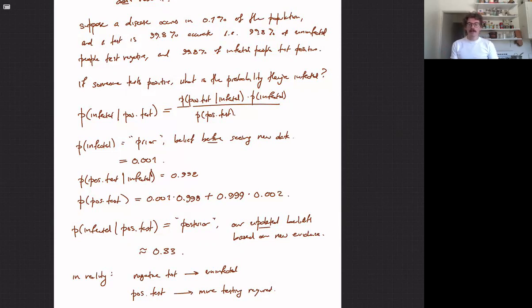Maybe they're from a place that has had an outbreak of this disease, and other factors, so that judging the prior can become a little bit subjective. And almost the whole point of Bayes' theorem is that the prior has a large impact on what your conclusions should be. So if you do not have a good estimate of the prior, that can really affect how good of an estimate Bayes' theorem gives you.